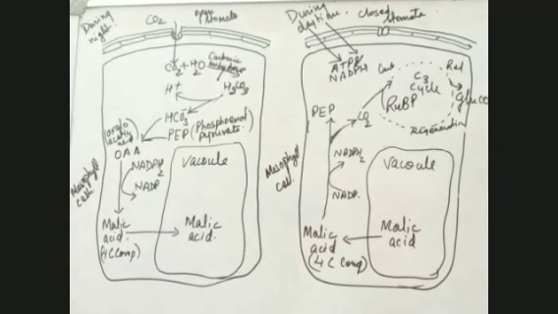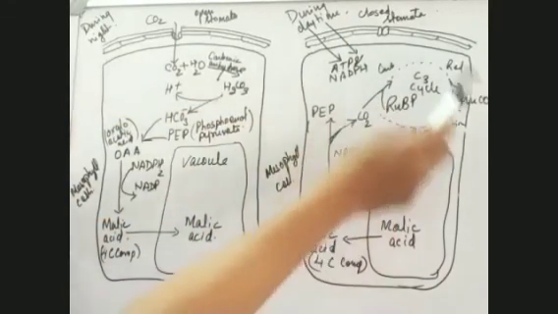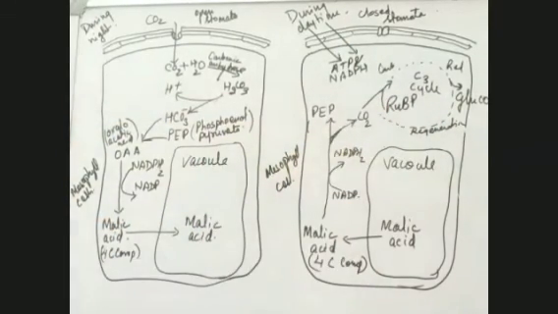Non-cyclic photophosphorylation, or the Z scheme, will take place with this light, and as a result the C3 cycle will continue utilizing the high energy compounds. So this is what happens during the CAM cycle.